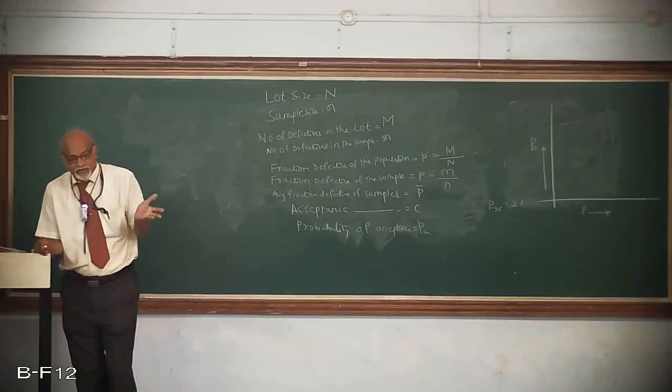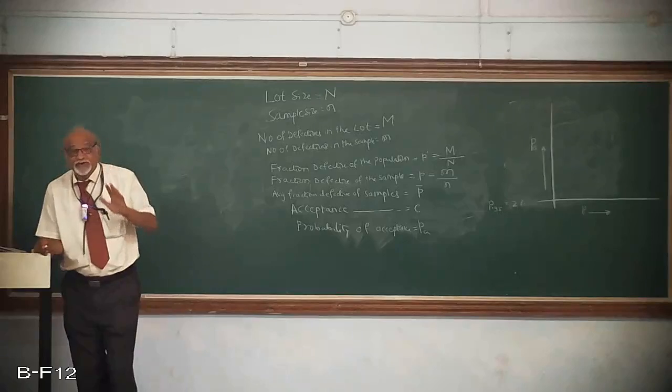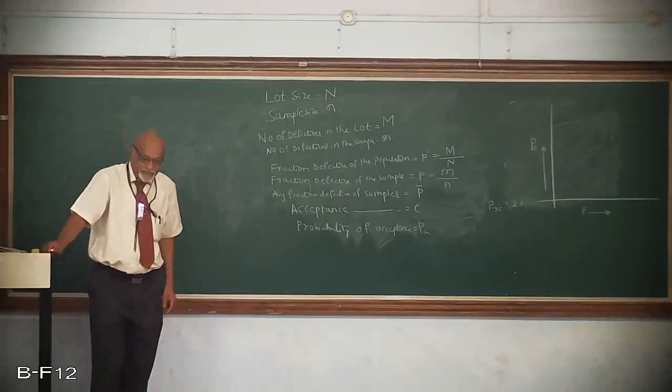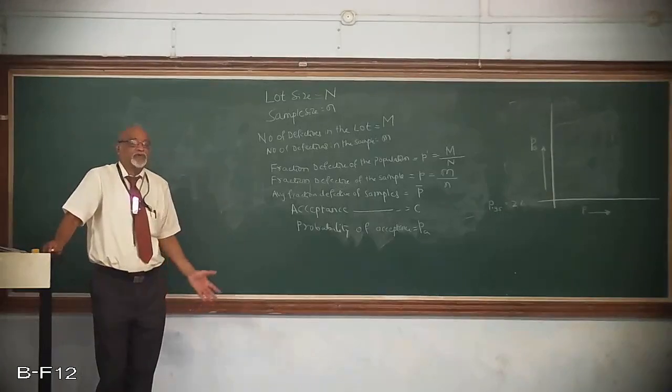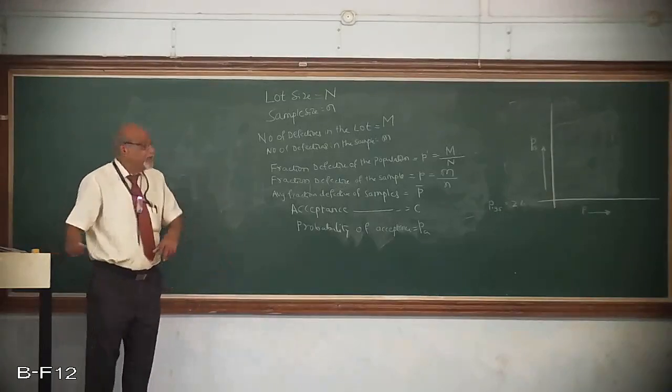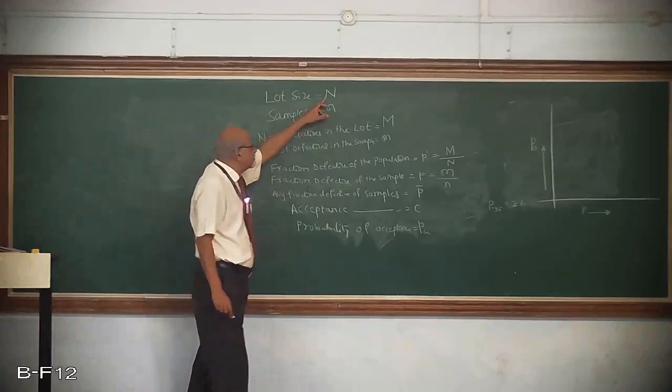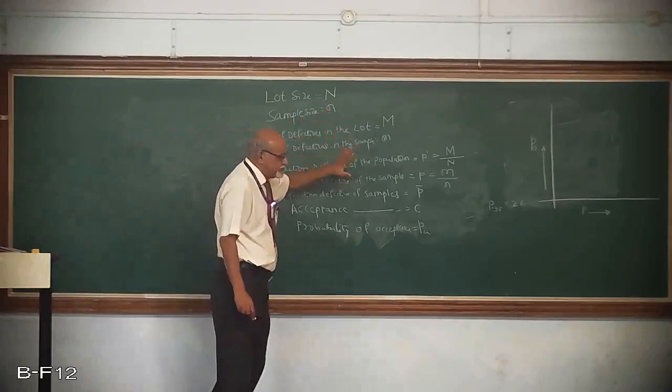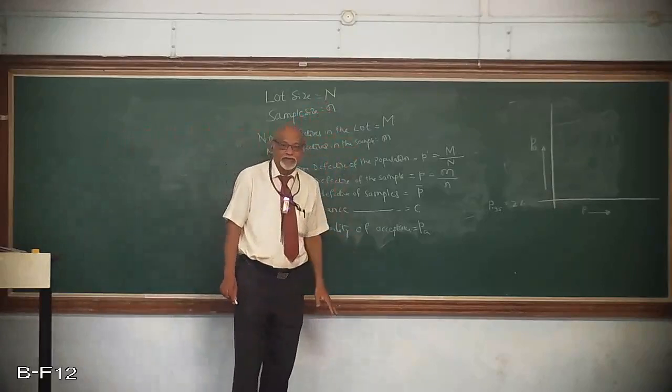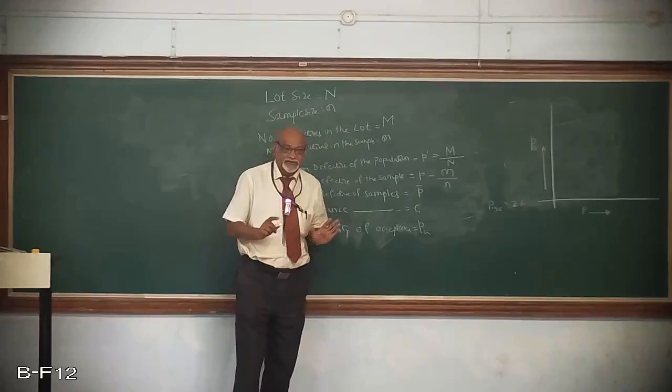It tells us the relationship between probability of acceptance versus fraction defective. I have given it the name operating characteristic curve. This curve will go on differing depending on the values of capital N, small n and C. Try to understand, it will depend on these three factors.